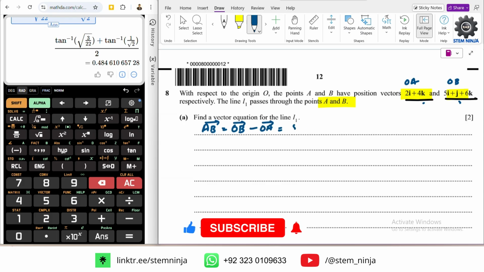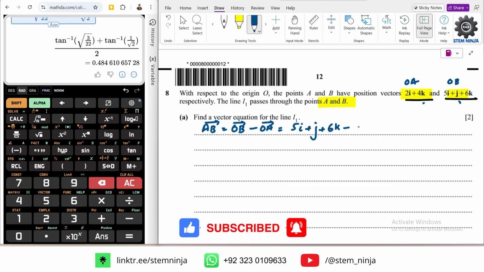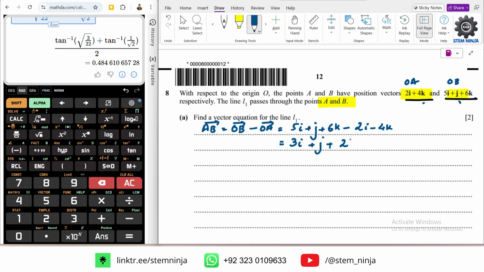So OB is 5i plus j plus 6k minus 2i minus 4k. So you get 3i plus j plus 2k, right? This is your AB, this is the direction vector.